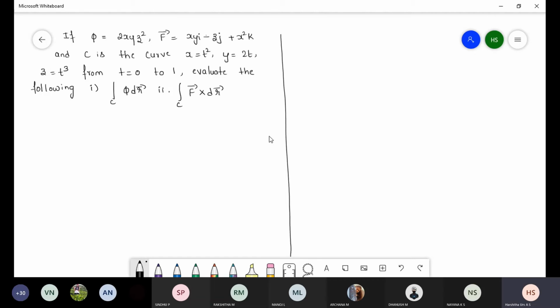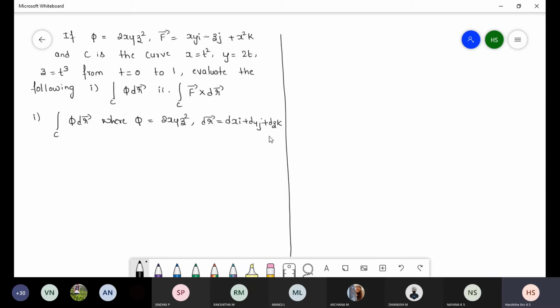So let us see the first one directly. First one, integral over the curve C phi vector dr. So here, what is our phi? Here phi is equal to 2xyz square, and vector dr is equal to dx i plus dy j plus dz k.